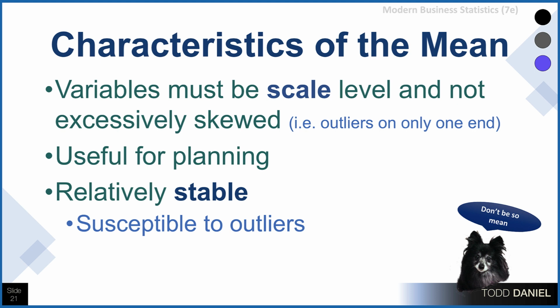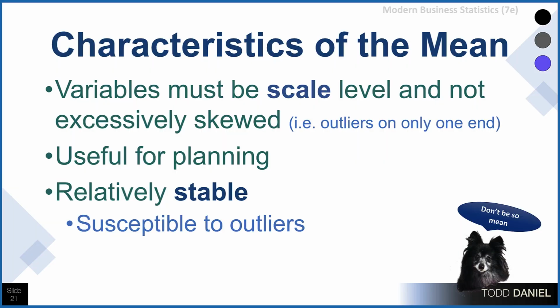It is useful for planning. Let's say that we know that our community is going to grow by 1,000 families in the next 5 years. And we know that the average family has 2.3 children. There are no families that you know that actually have 2.3 children, but that 2.3 is useful for planning. If we know that we're going to grow by 1,000 families in the next 5 years, and each family has 2.3 children on average, we can then calculate how many public school classroom seats we're going to need to add over the next 5 years to accommodate the growth in our community.